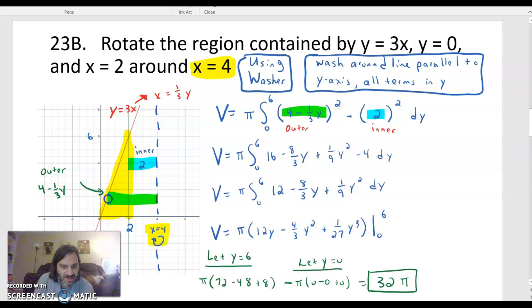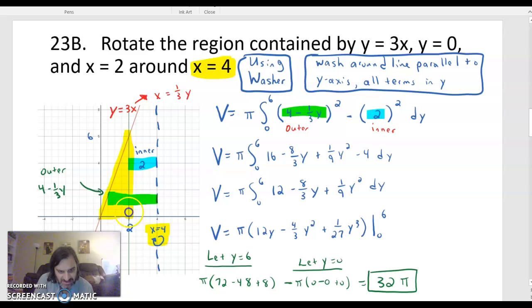But we're going to take away that line y equals 3x, but we need it in terms of y. So I changed y equals 3x to x equals 1/3 y. So 4 minus the 1/3 y gets rid of the little outside part here. So the outer radius from my line of rotation to the edge of the figure is 4 minus 1/3 y.